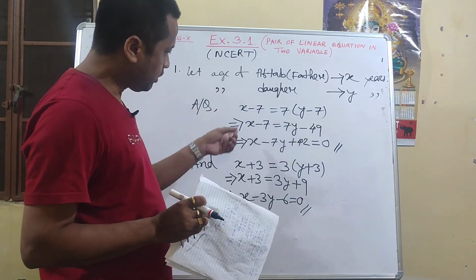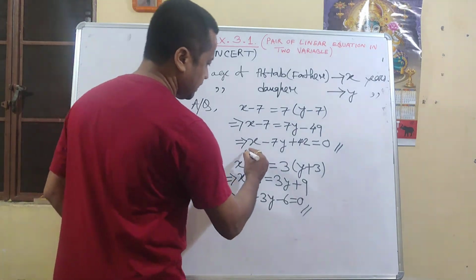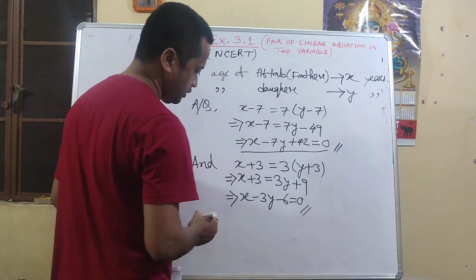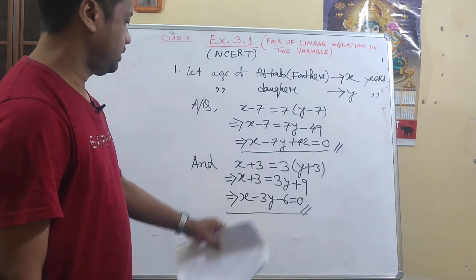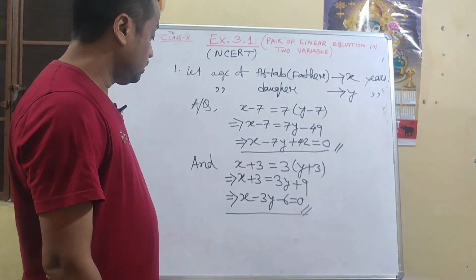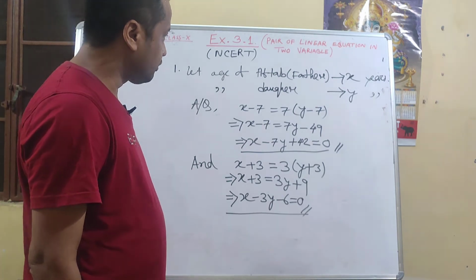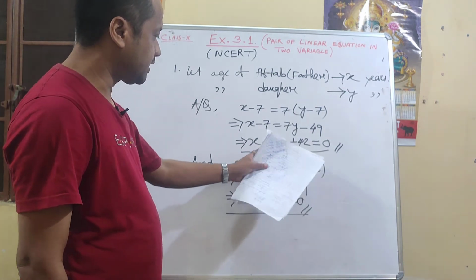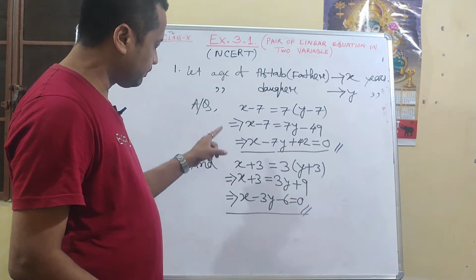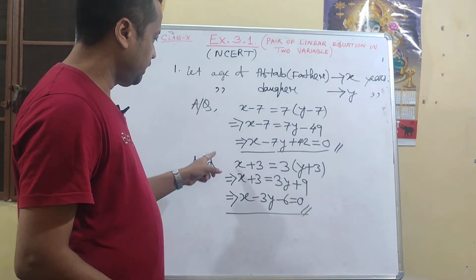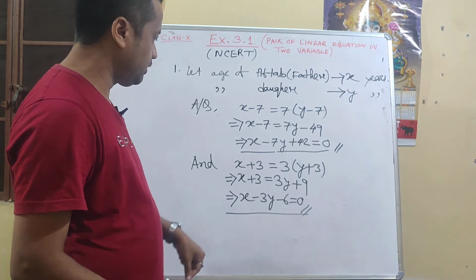So we have formed these two linear equations, x minus 7y plus 42 is equal to 0 and x minus 3y minus 6 is equal to 0. These are two linear equations in two variables x and y. For this chapter you have to just form the linear equations. You need not solve them.